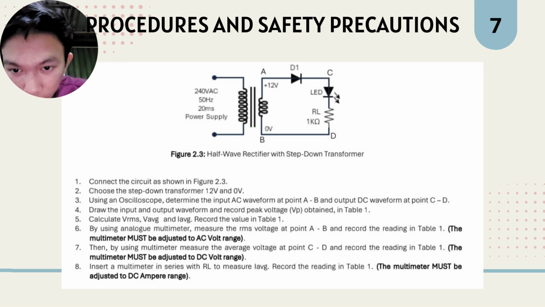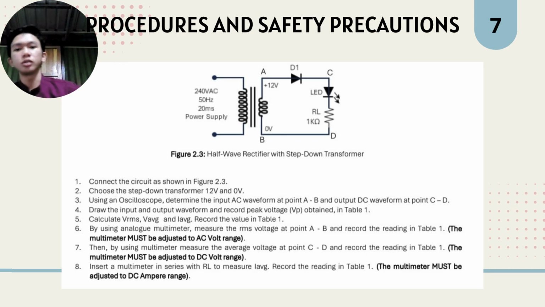Next part is insert a multimeter in series with RL to measure I average, and record the reading in the table.